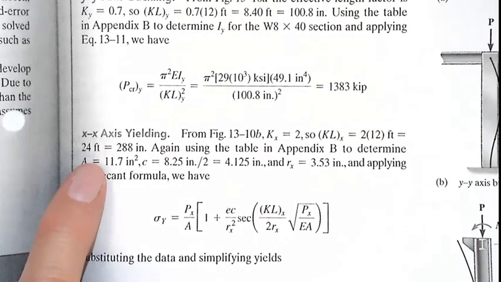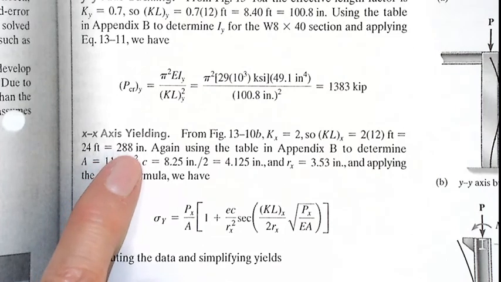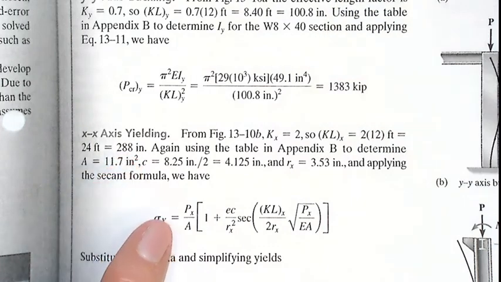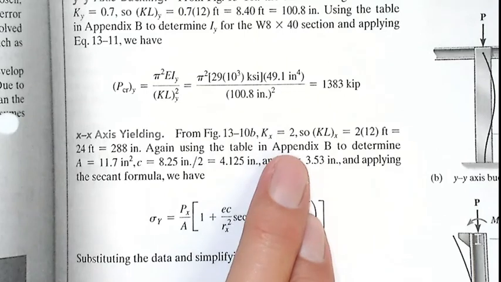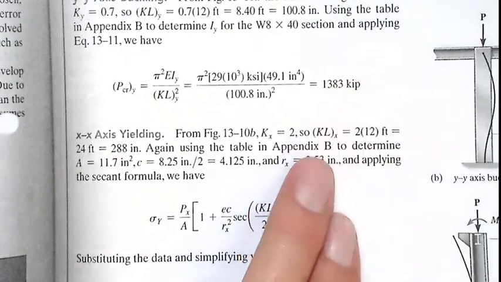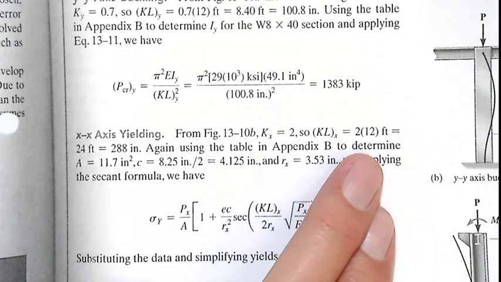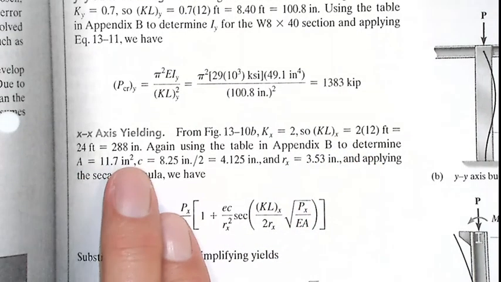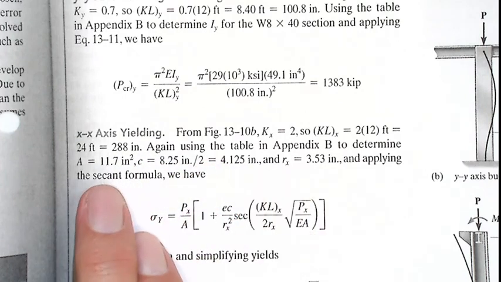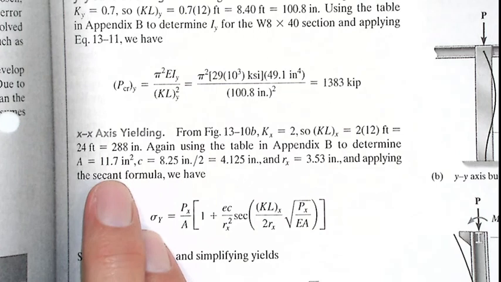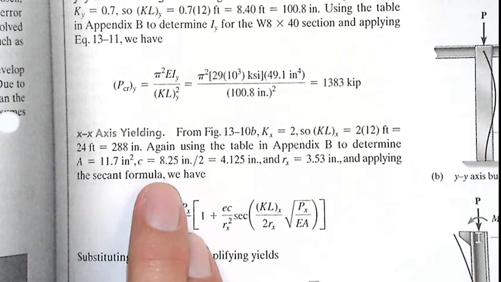Now x-axis yielding, that is this axis. So Kx equals 2, clamped free. So KLx equals 2 times 12, 24 feet, 288 inches. Again, using the table, the cross-sectional area A equals 11.7 inches squared. What is c?